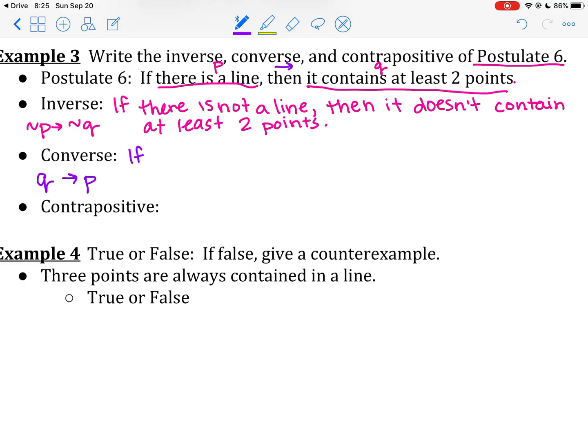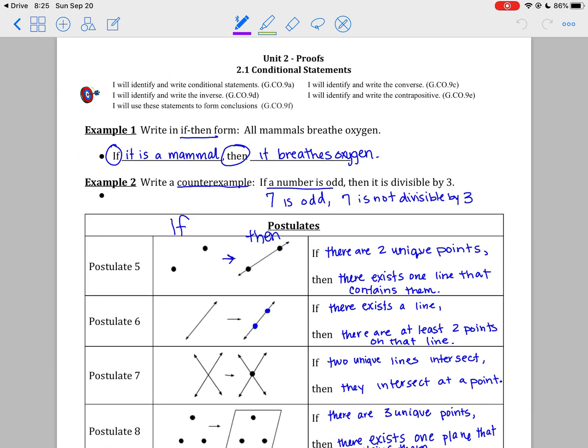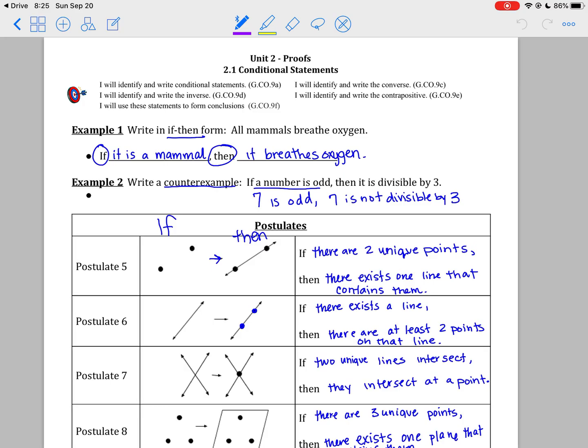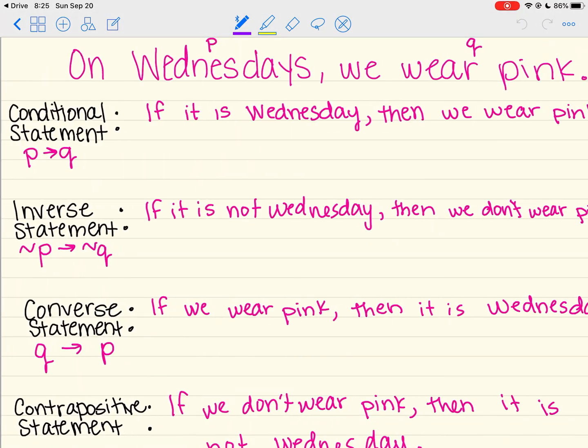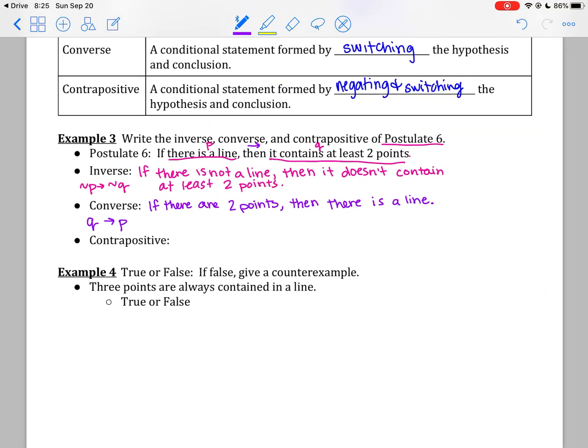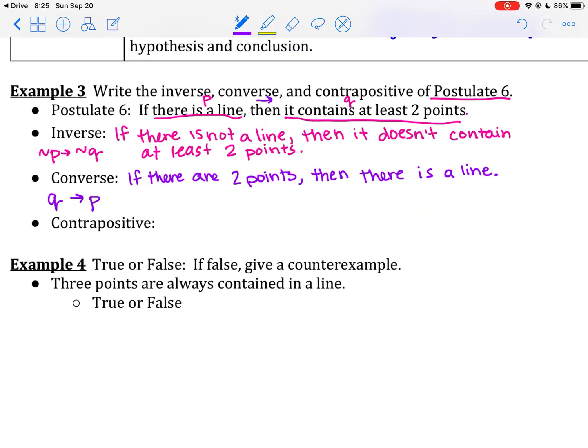So if there are 2 points, and then I'm going to go to the original first part, then there is a line. And so that should seem familiar because that was postulate 5. The converse of 6 is 5. All right, so if there are 2 points, then there is a line.